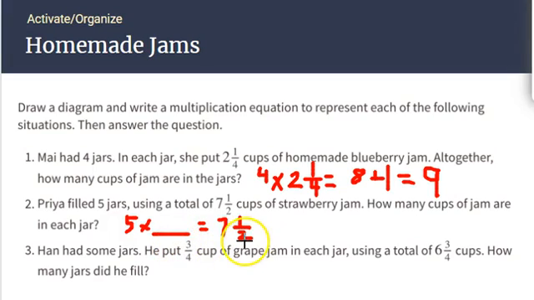So we need to figure out how do we break this 7 1/2 up into how many parts to make that 5 of them would make 7 1/2.